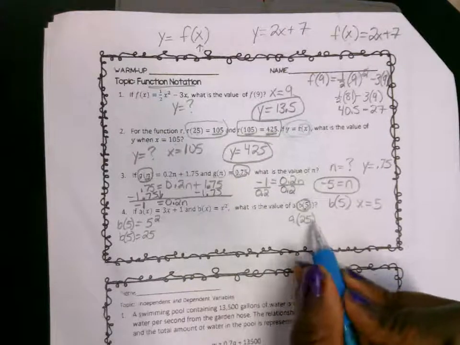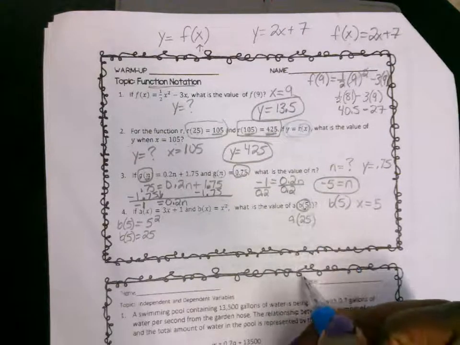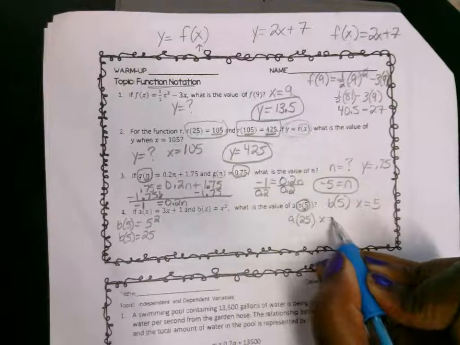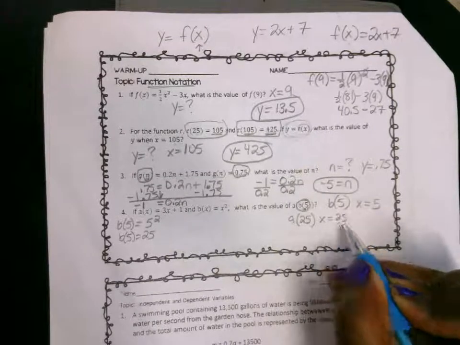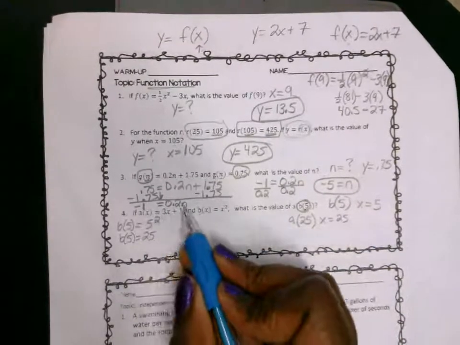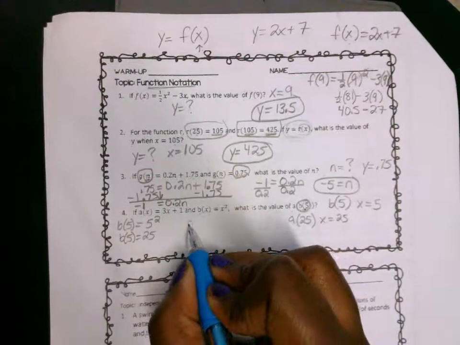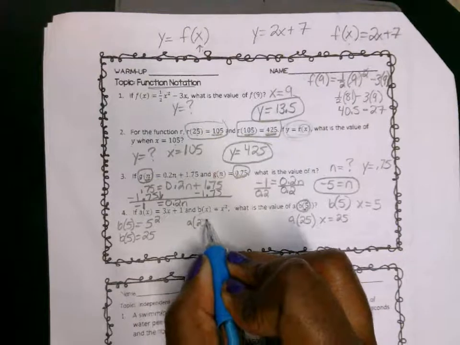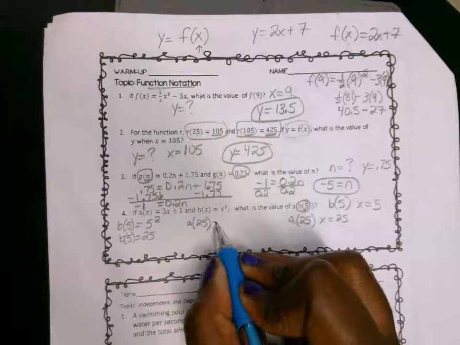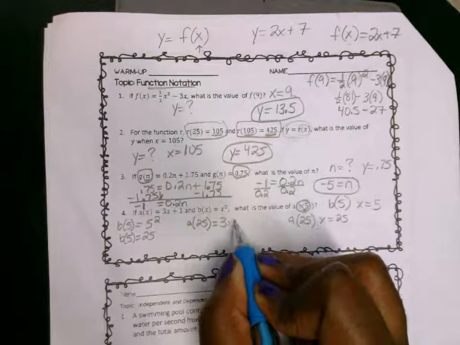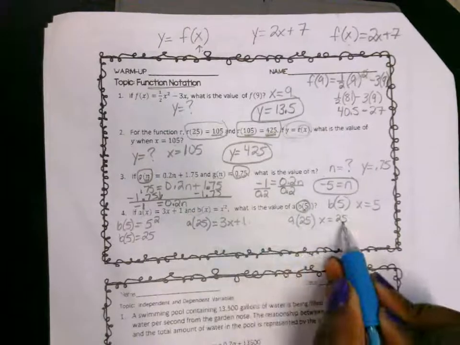Right, so what is this saying though? Very good, Jay. X is equal to 25. So now I'm going to take a sub x and replace x with what number? 25. So I'm going to replace x with 25.